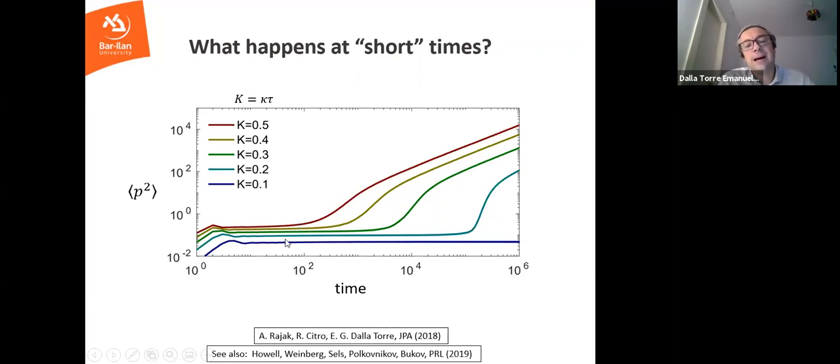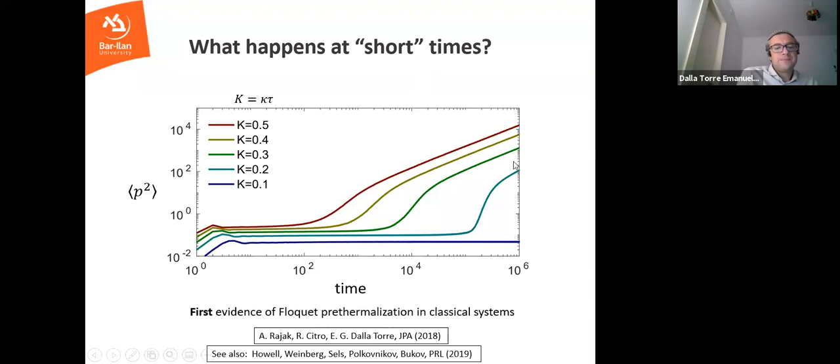You can say that there is a diffusive regime on the right, but there is a prethermal regime on the left. And this is what is shown here in this plot. Okay, very good.